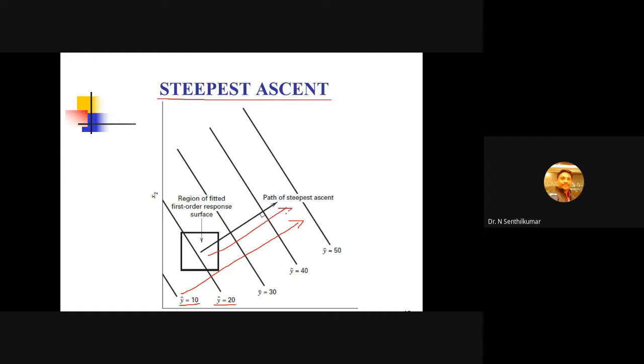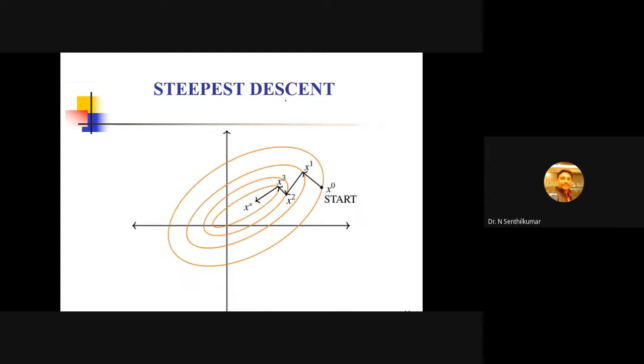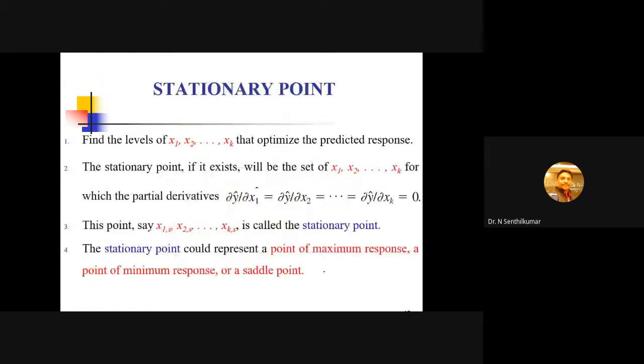If it is a minimization problem, you can see this is the maximum one. My minimization is here at 0. The minimum value that I can obtain is 0. So starting here, then coming here, I am going to move towards this. This is called the steepest descent.